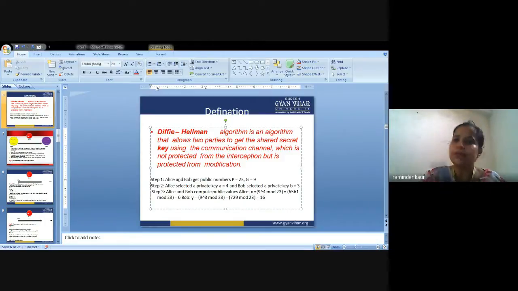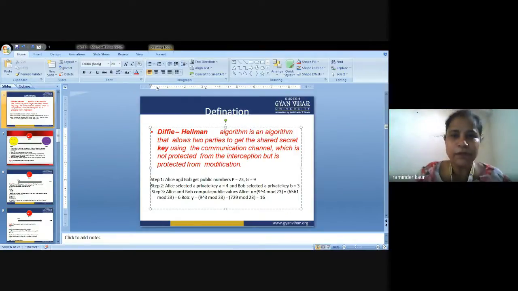Step 2 is select the private key, A is equal to 4, and Bob selects the private key B is equal to 3. In slides, I can give you the visual representation, but I cannot give you the mathematical calculation. So it would be difficult for you to interpret the calculations in the form of a visual representation. That is why I am telling you step by step here how the Diffie-Hellman key exchange algorithm proceeds.